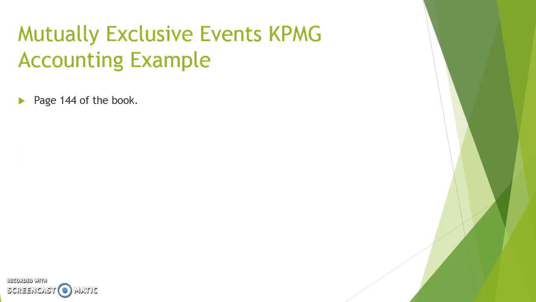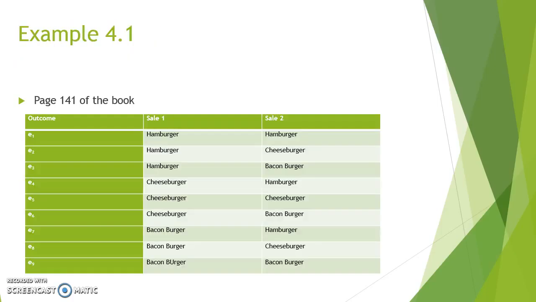For example, if we look at this right here, how many times can we choose? What is the probability that both people can actually choose a hamburger? And we see hamburger, hamburger. Do we see more than one hamburger? Nope. So the probability of both of them choosing hamburger is 1 over 9.